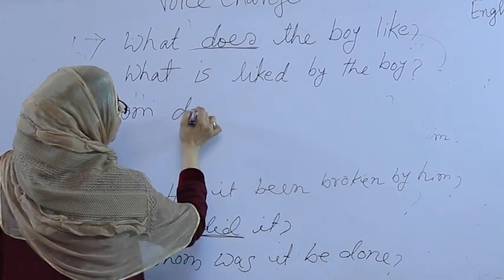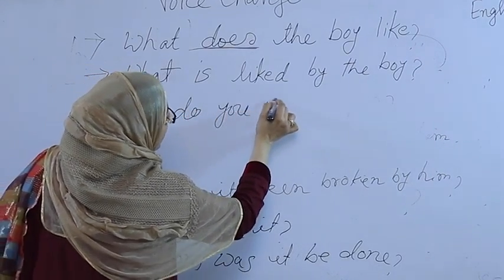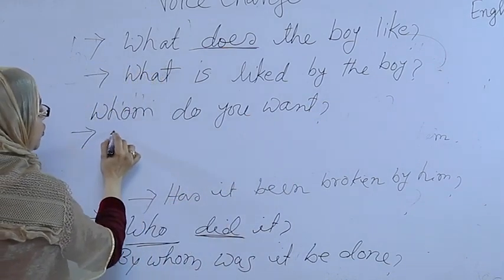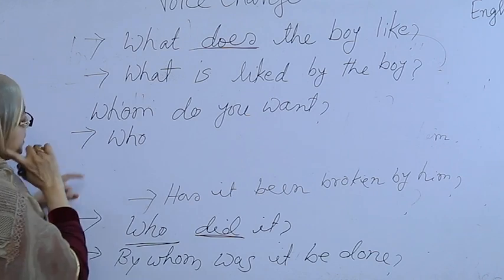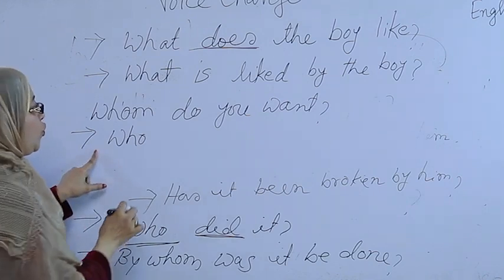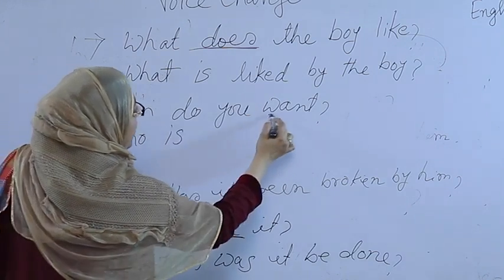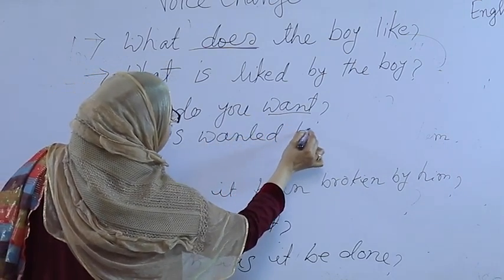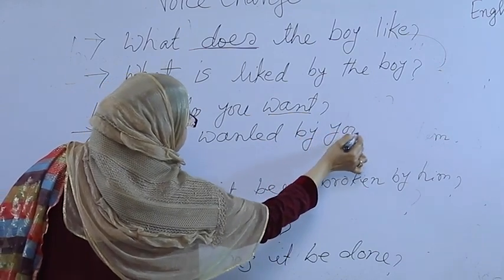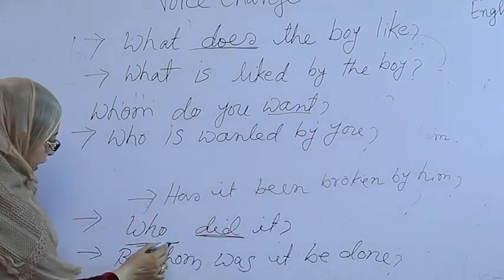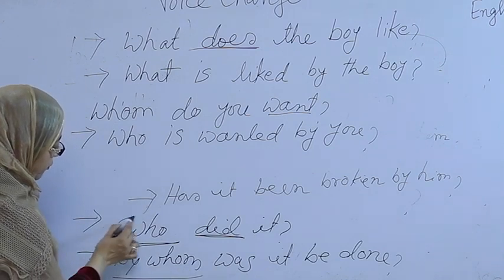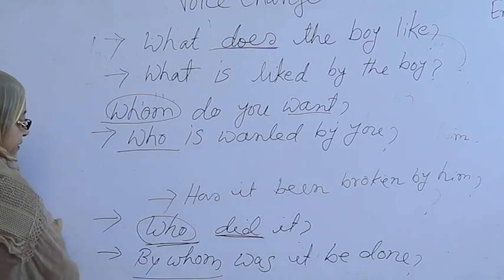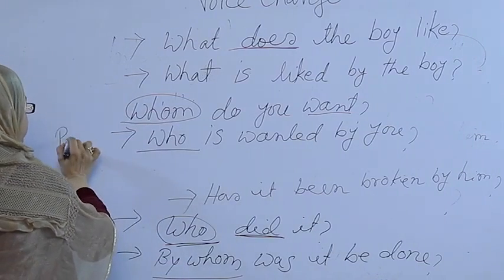Whom do you want? I use who when I turn it into passive. Who is wanted by you: the past participle of want, wanted by you. So look at the board. I use by whom instead of who, and who instead of whom when I turn it into passive.